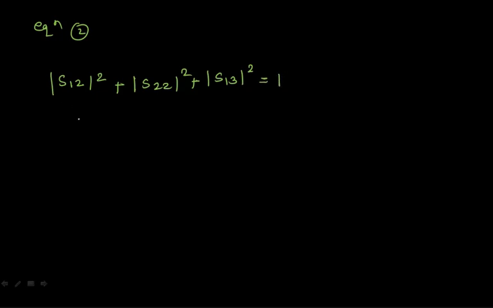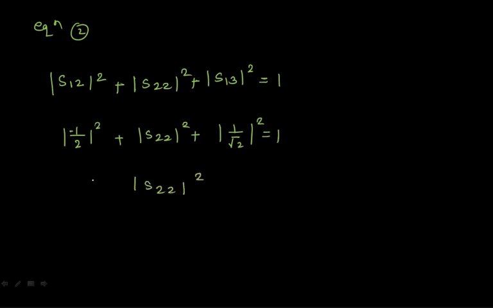S12 we have calculated, which is minus 1 by 2, and its square is 1 by 4, plus S22 square, plus S13, which is 1 by root 2 squared, which is 1 by 2. So S22 square will be 1 minus 1 by 4 minus 1 by 2, which is 1 by 4. So S22 will become 1 by 2.